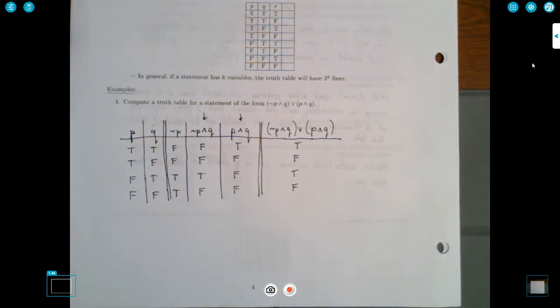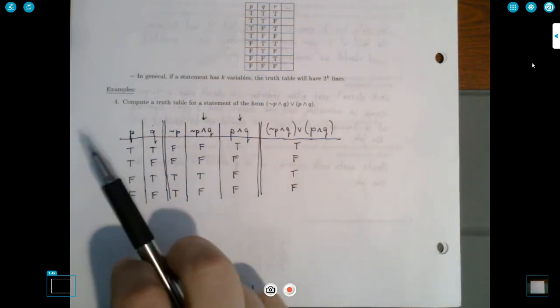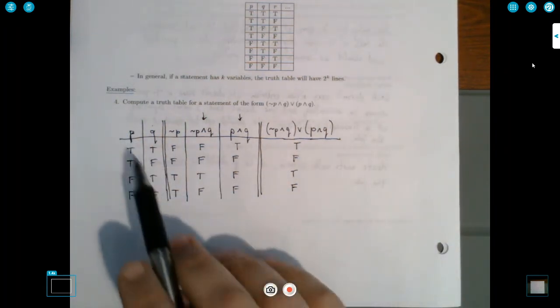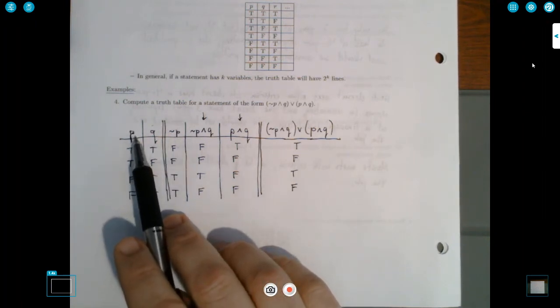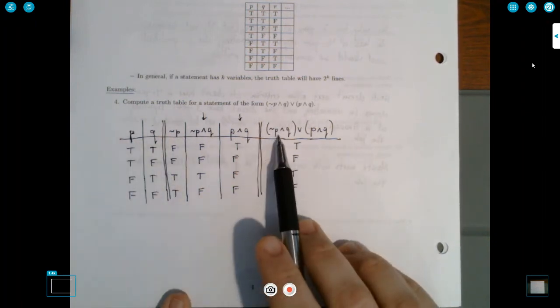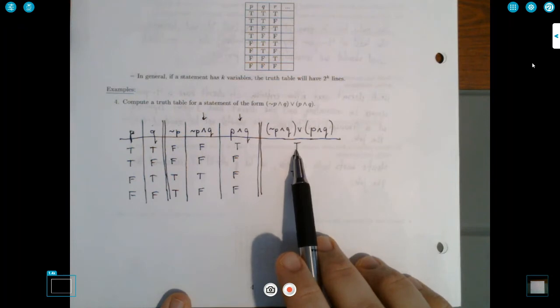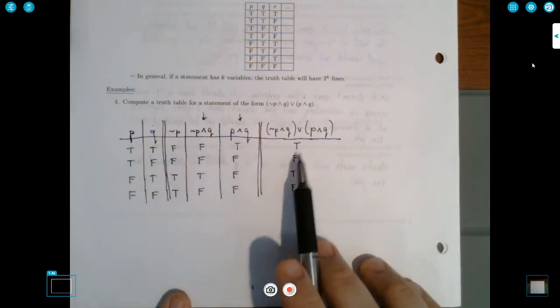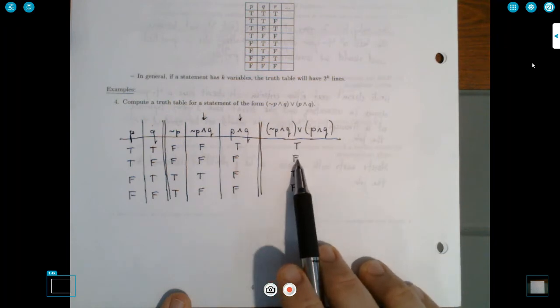So you may think, well, this is all just a bunch of symbols, right? What does all this stuff mean? Well, what this means is that if both P and Q, remember, we're boiling this down to just the simple statements P and Q, are true, then this complicated statement is going to be true. If P is true but Q is false, then this complicated statement is going to be false.